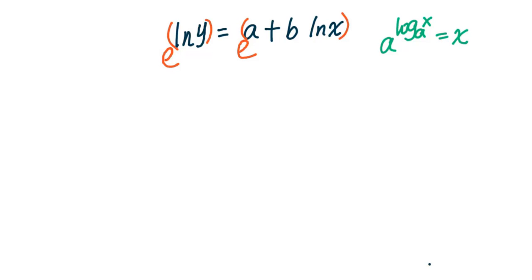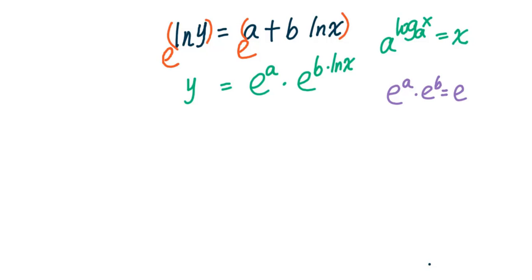We got the left side is y, and the right side is e to the a times e to the b times natural log of x. Because e to the a's power times e to the b's power equals e to the a plus b, we do it backwards, and we got this.